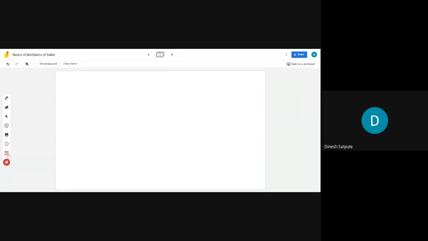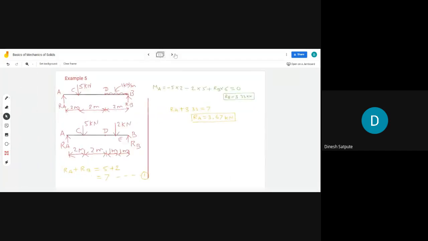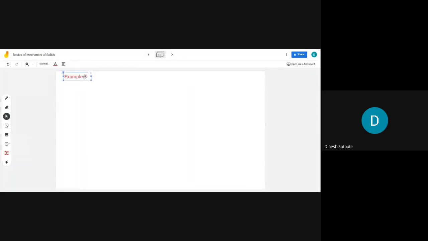So example number 6. In this example, let us see what to do.